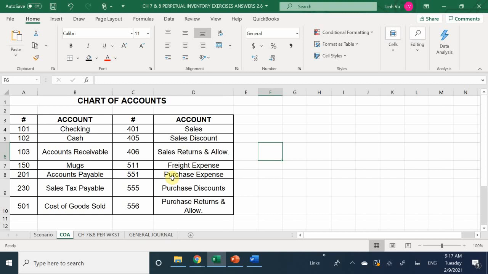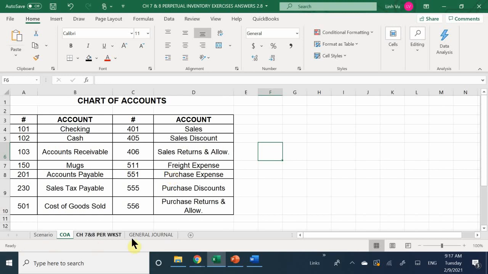Again, because we're doing perpetual inventory, all your purchases are going to go into inventory. Everything that we take out, such as a discount, such as a return, such as a cost when we sell our items, is going to be taken directly out from our inventory.